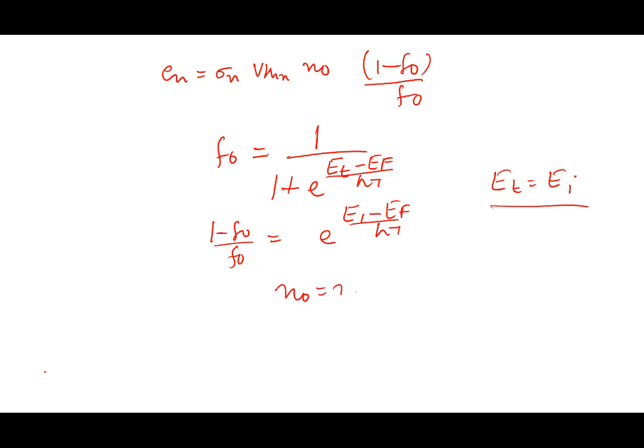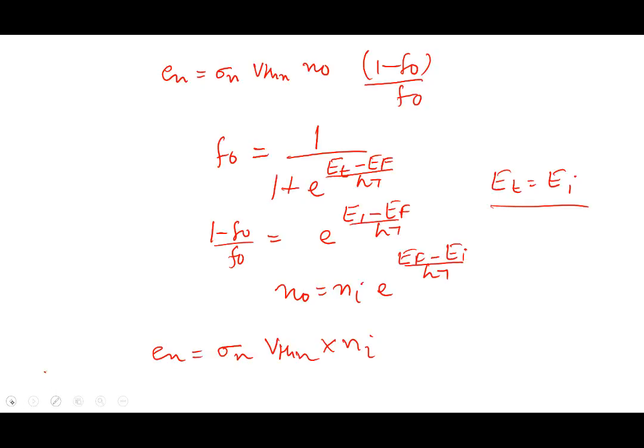N0 is Ni e to the power what? EF minus EI by KT. Recall this expression. So now you will take this and multiply. What do you get? En equal to sigma n VTH n multiplied by Ni. Sigma n VTH n Ni. Emission rate.